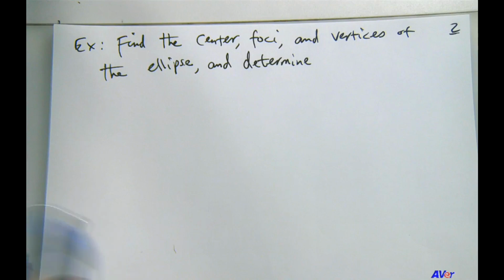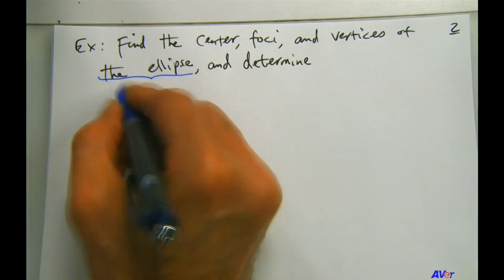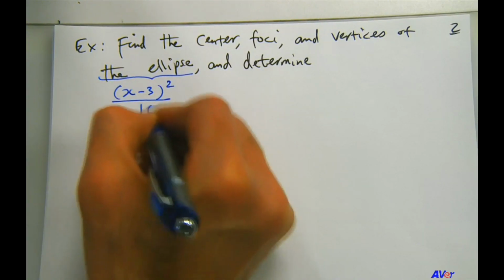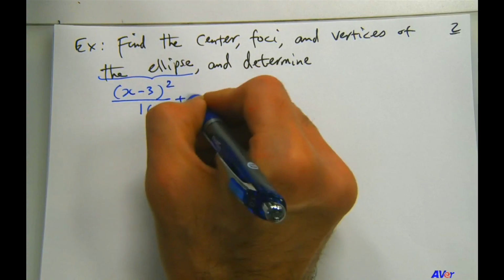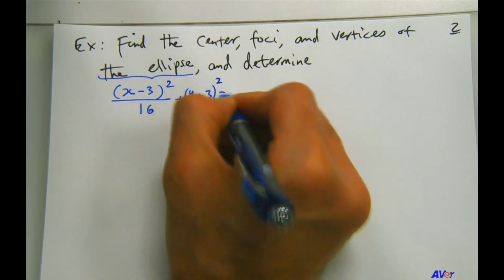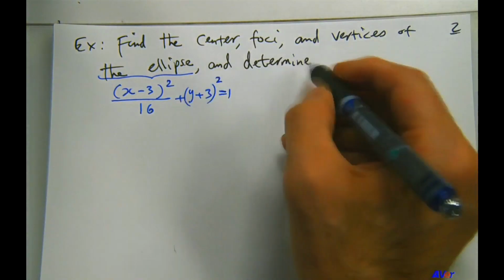As a matter of fact, I should have put it right after that. So this ellipse is given to us as (x minus 3) squared over 16 plus (y plus 3) squared equals 1. That's the ellipse we're talking about. The equation is being given to us.